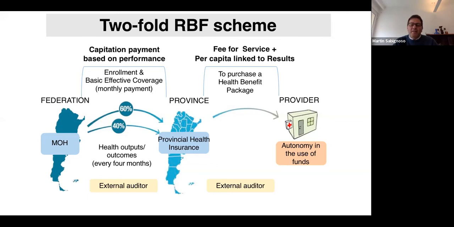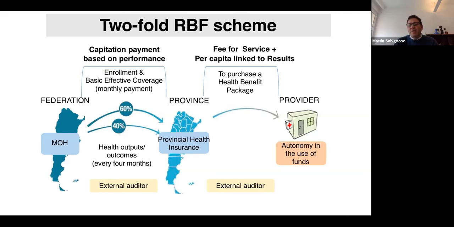And this is critical to close the incentive chain in these two relationships. And it is important to highlight that all results, all rules are audited by an external auditor. This external auditor is an independent auditor, because they are in general private firms, and these private firms is mandatory.